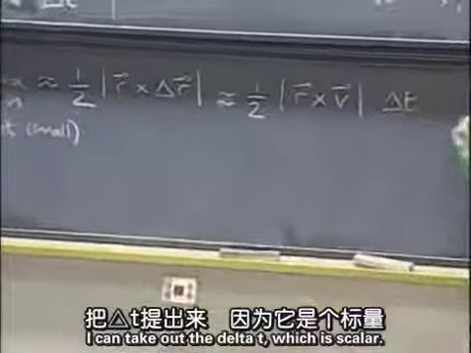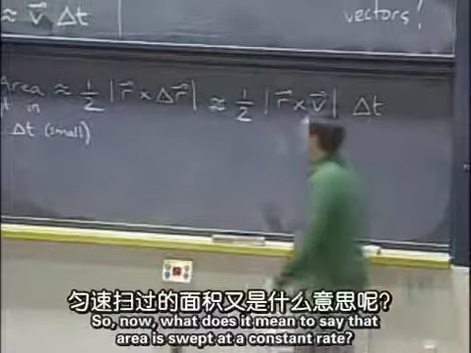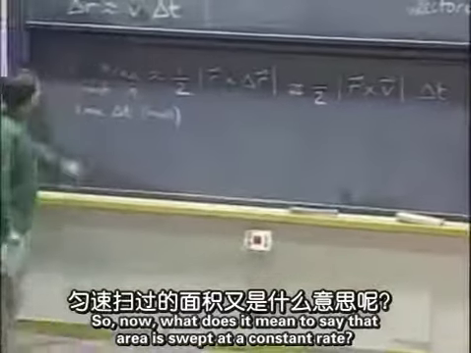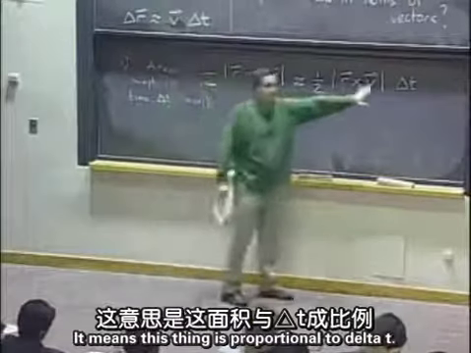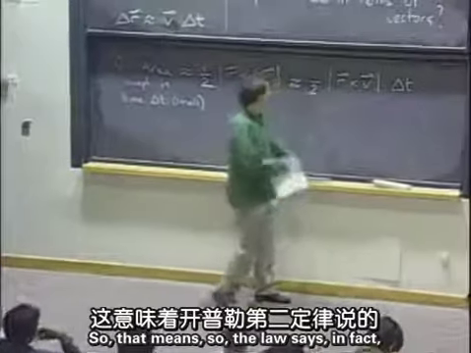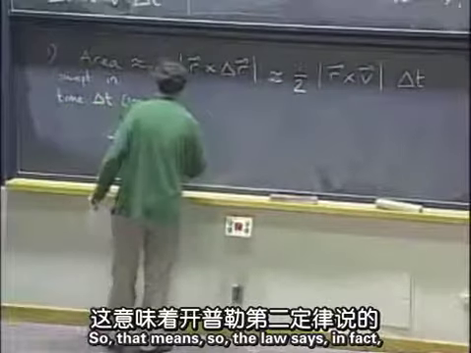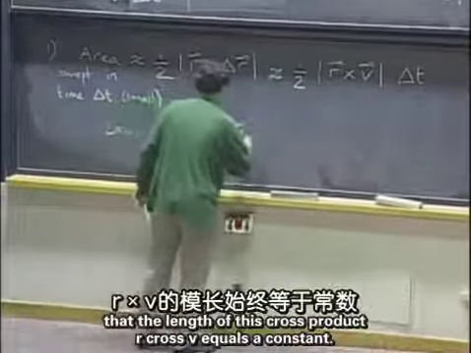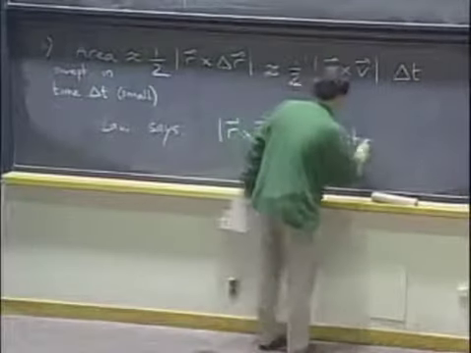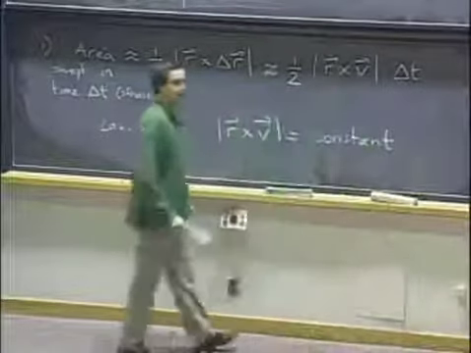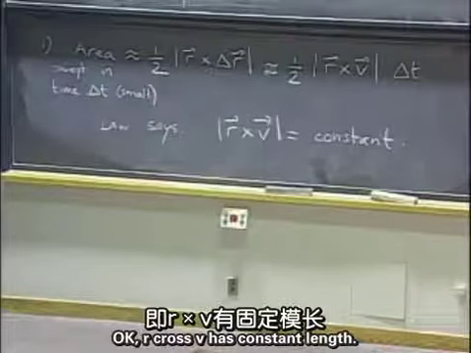I can take out the delta t, which is a scalar. So now what does it mean to say that area is swept at a constant rate? It means this thing is proportional to delta t. So the law says, in fact, that the length of this cross product r cross v equals constant. Okay. r cross v has constant length.